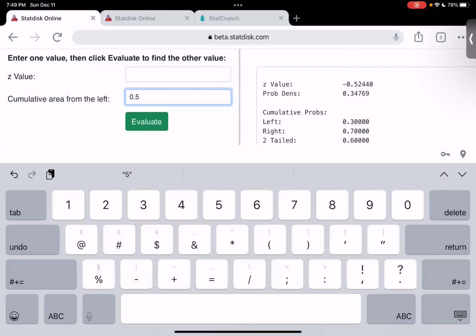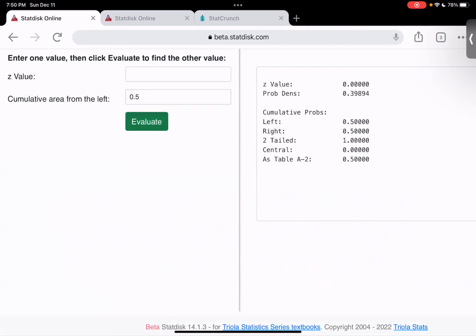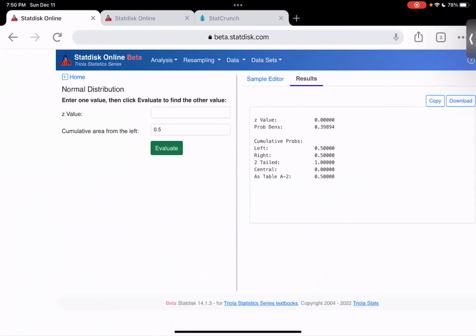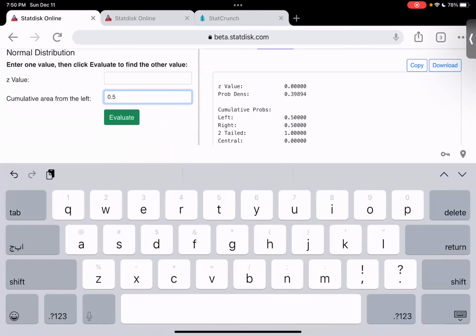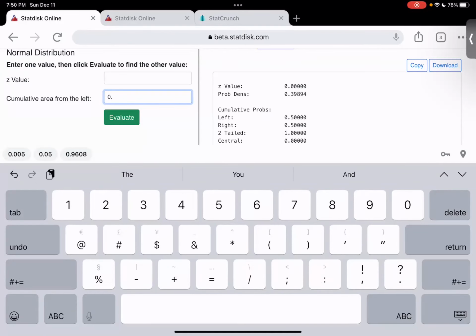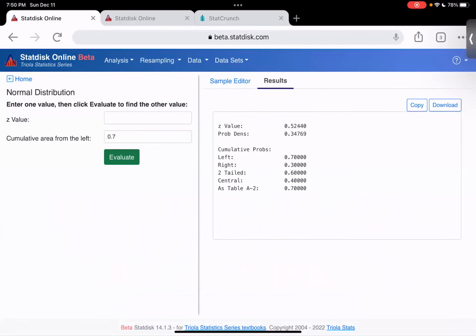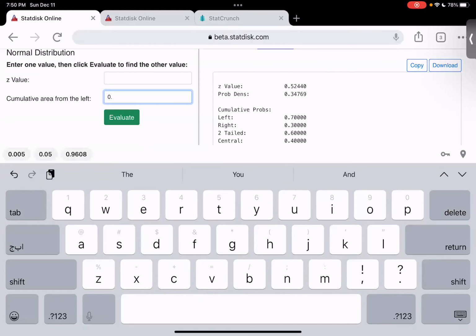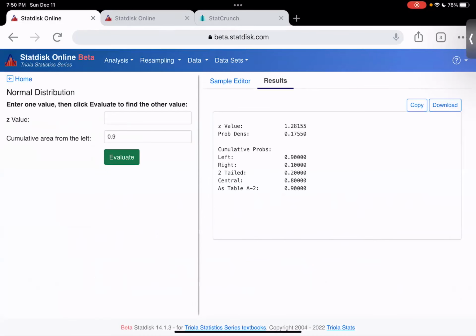So if we take the area 0.5, it will be half of that density curve, and then the value of z will be equal to mu, and the mu of the standard normal distribution equals 0, which is this value here, right? And then we have 0.7, which is 0.52, and the last one is 0.9, which is 1.28.